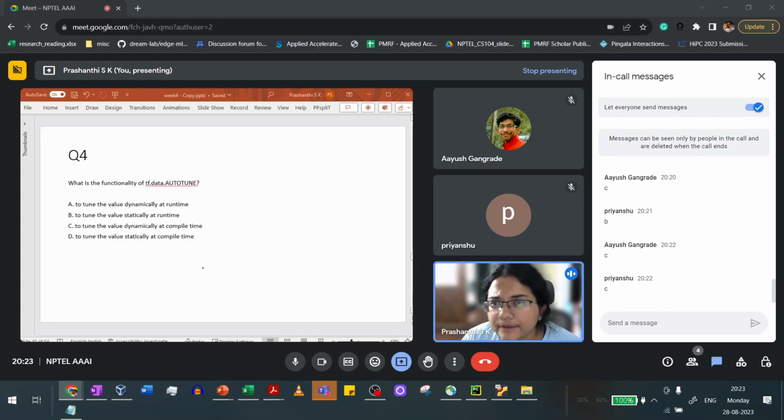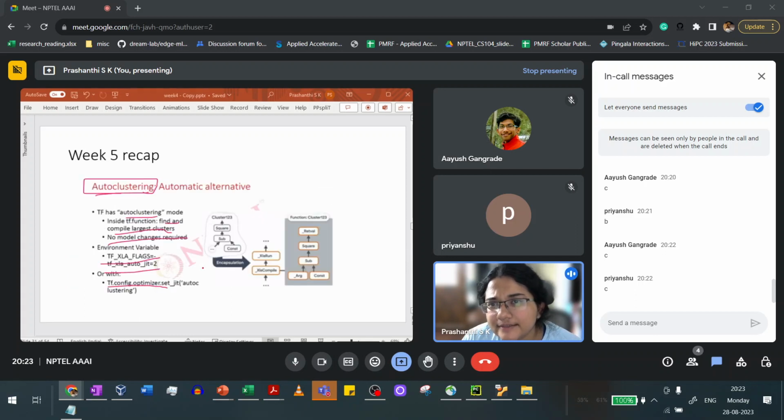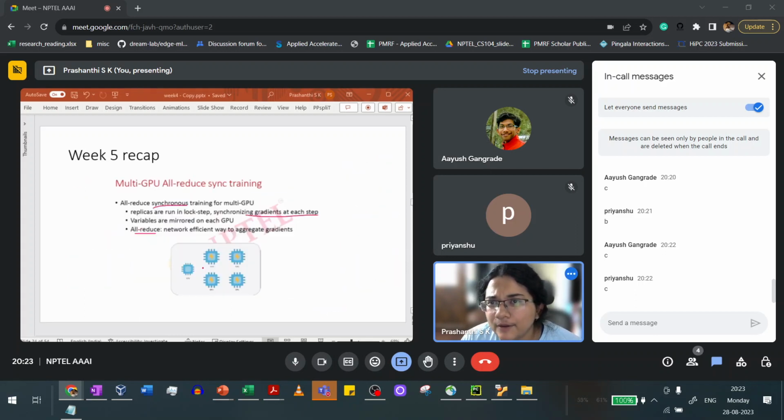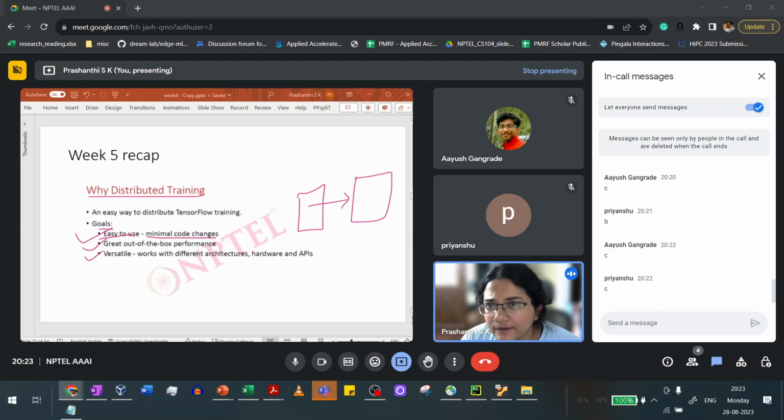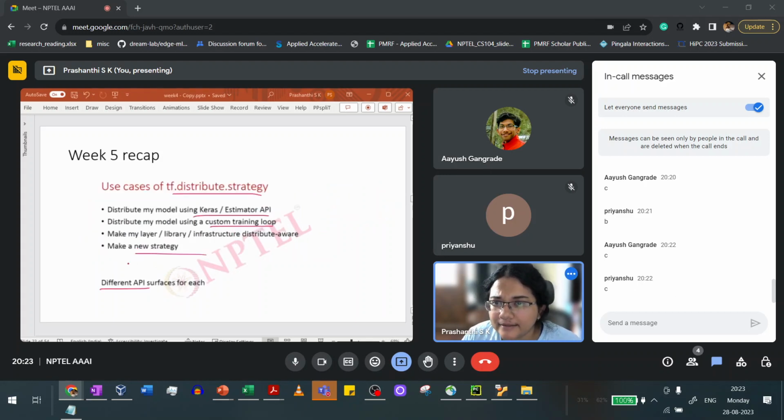If you remember going back to distributed training, the slide that I was talking about, this is not about why distributed training in general, but about TensorFlow's distributed training. It's basically easy to use, great performance and versatile.